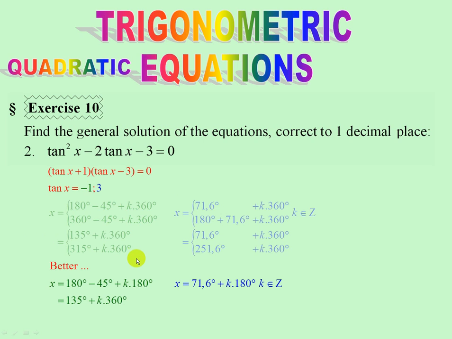They prefer to use the same system for everything. But instead of 180 minus and 360 minus, I've got 180 minus and K180 instead of K360. Have a look. 315 is 135 plus 180. So therefore, that answer is better, but this will earn you full marks, 10 out of 10, maybe not a gold star.